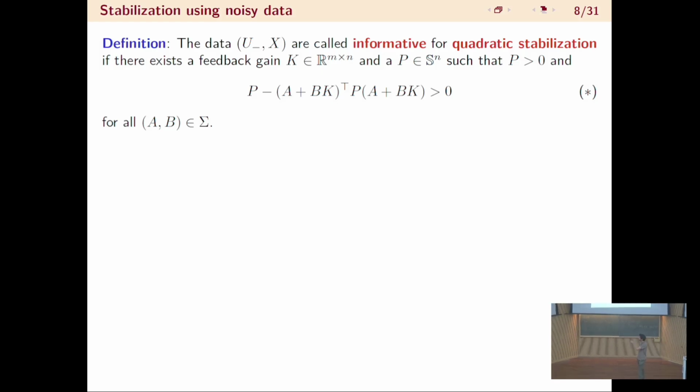I say that my data, u minus, x, are informative for quadratic stabilization if there exists a feedback gain, K, and a matrix P, symmetric n by n matrix, such that P is positive definite, and this Lyapunov inequality holds for all pairs A, B in sigma.